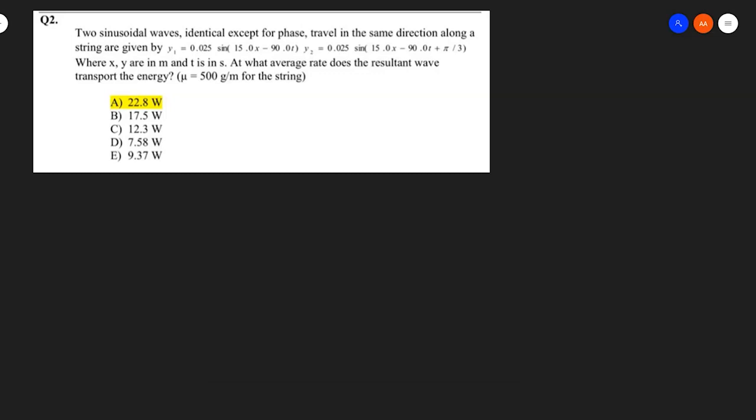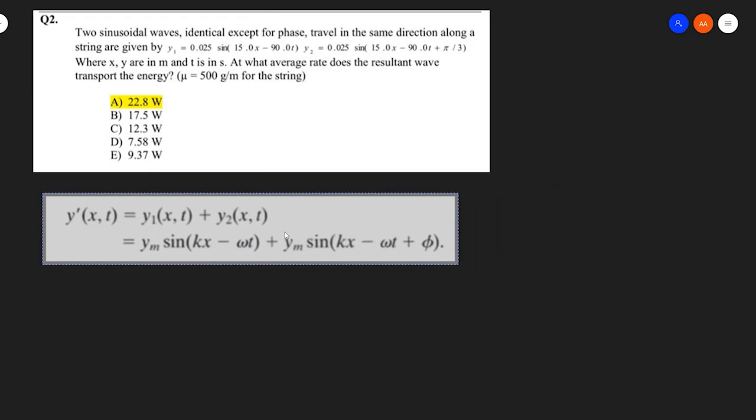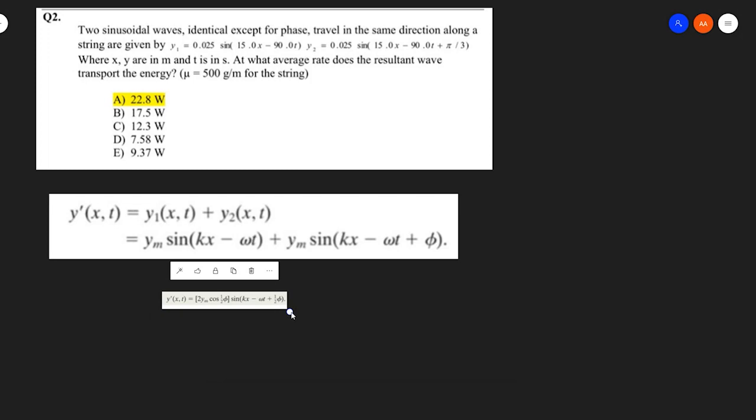Okay, so first of all, we have waves. They are propagating in the same direction, and there is a phase between them. We know from our lecture, whenever we have that, the 2 waves, we need to sum them like this, and we can use the result directly.